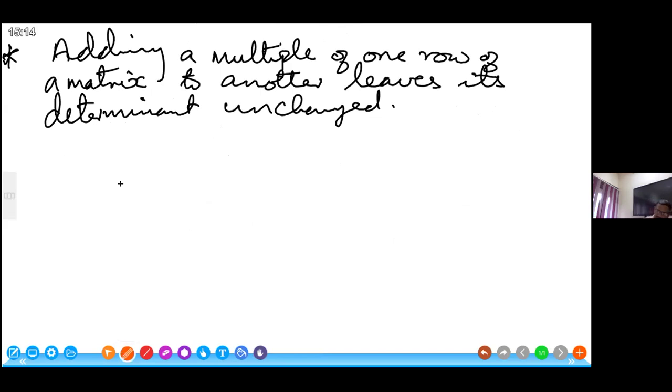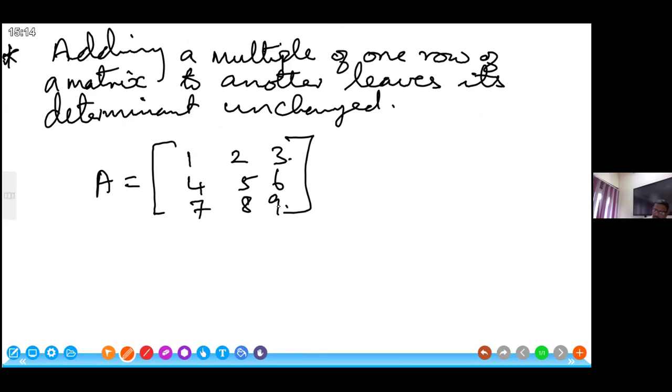Take a matrix A: 1, 2, 3, 4, 5, 6, 7, 8, 9. So we know that. What is the determinant here? We already did this one.